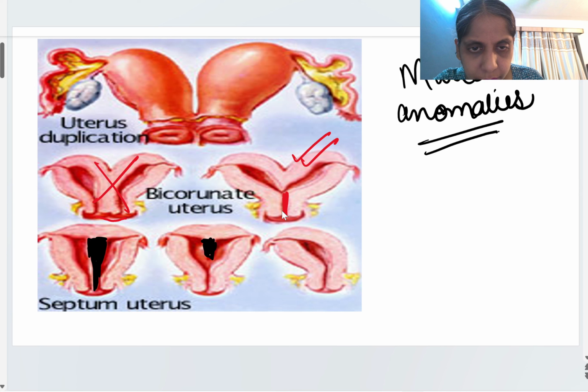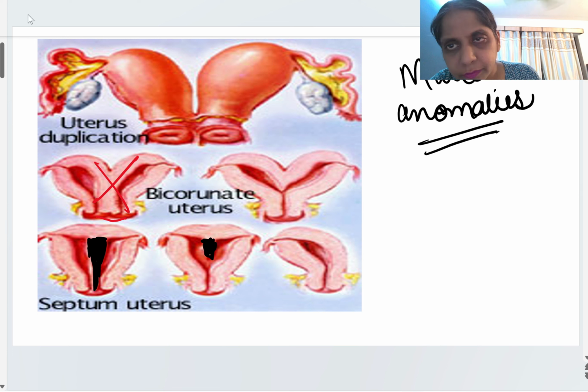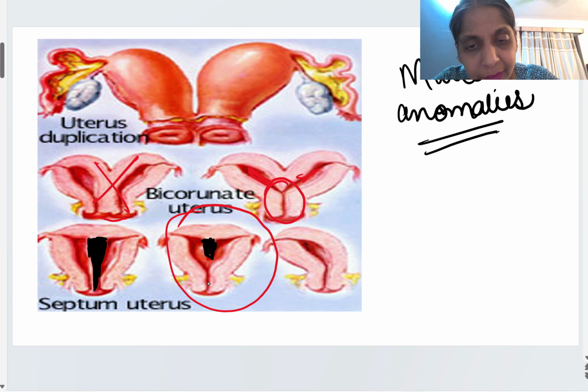You just focus on this diagram. So you can see that there is one cervix and there are two uterine cavities, and this one is a septate uterus. Okay, so you can see that there is one cervix and the uterine cavity is divided into two.